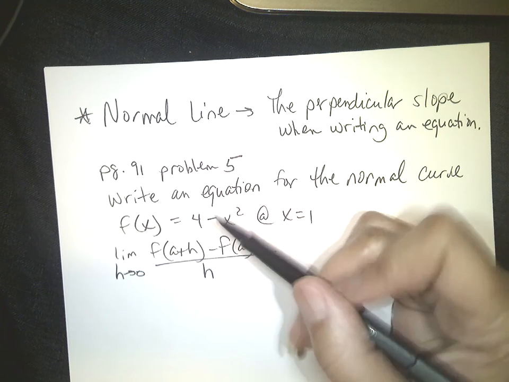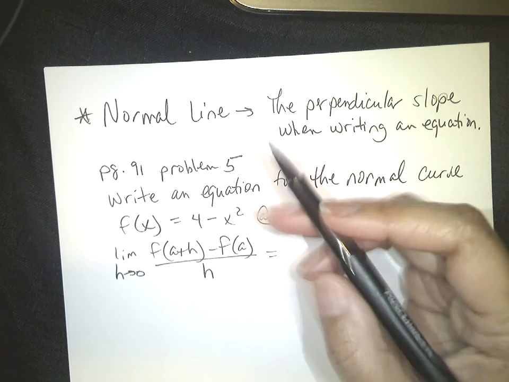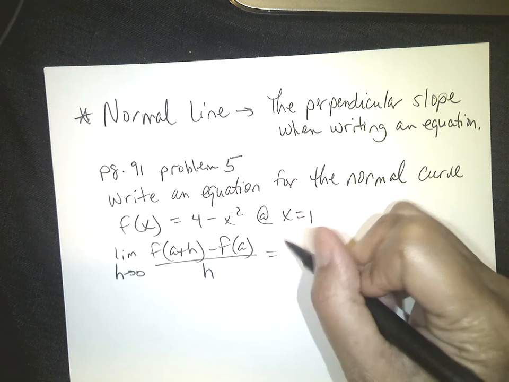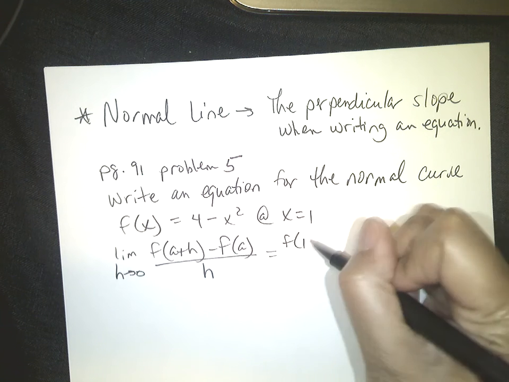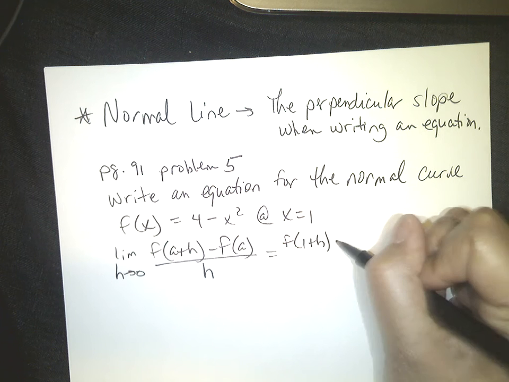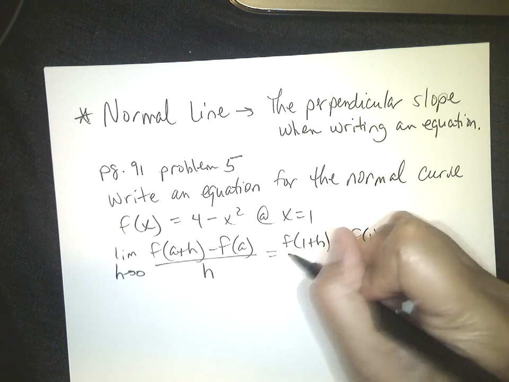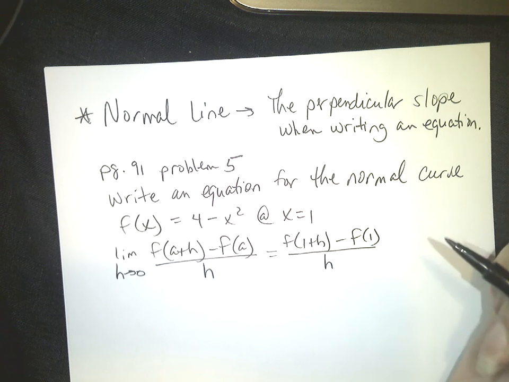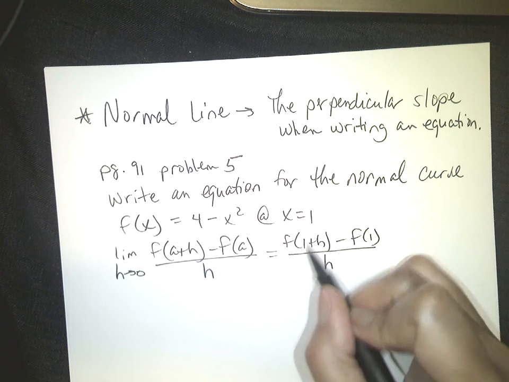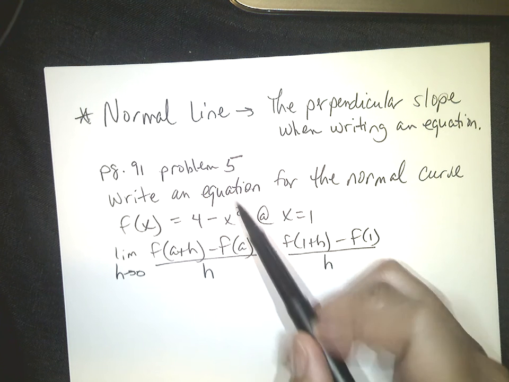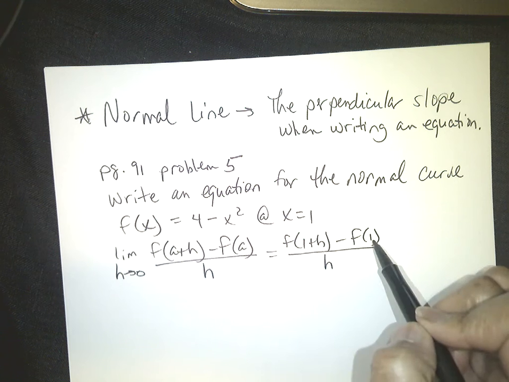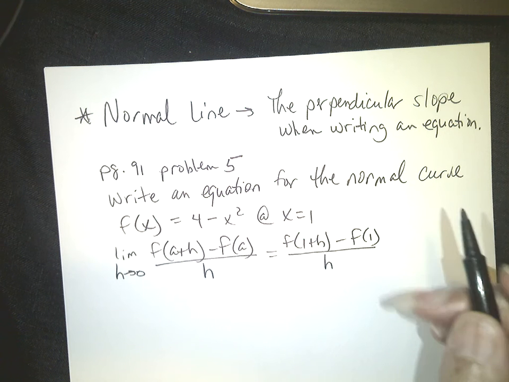So we want f of 1 plus h minus f of 1 all over h. So plug in 1 plus h into the function, and plug in 1 into the function.